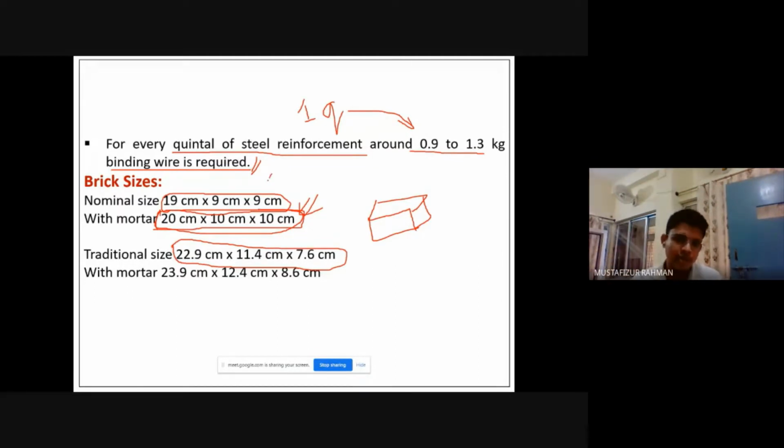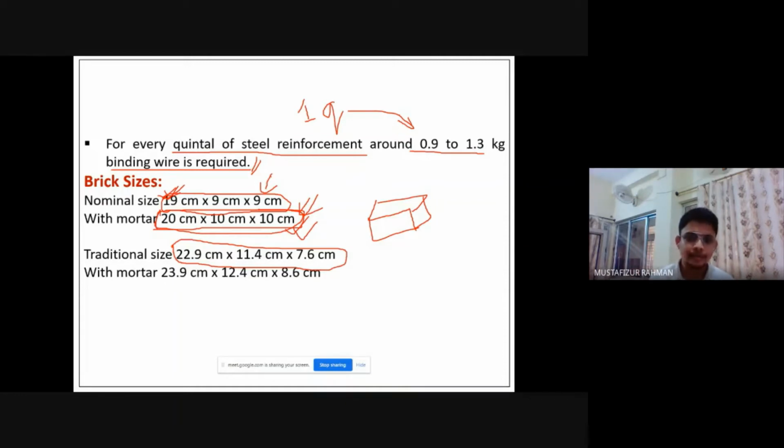We're not using only the bricks. So if we use this value 19 centimeter by 10 centimeter by 9 centimeter, then it will be wrong. We have to use 20 centimeter by 10 centimeter by 10 centimeter, and then we may also have to add a little bit of extra bricks because there will be some wastage, some breakage.